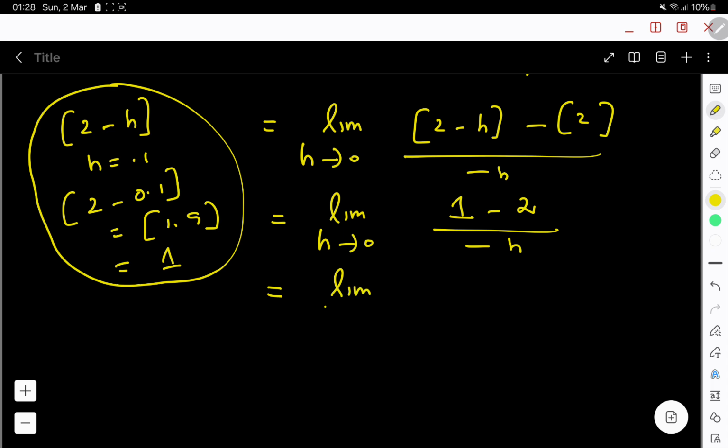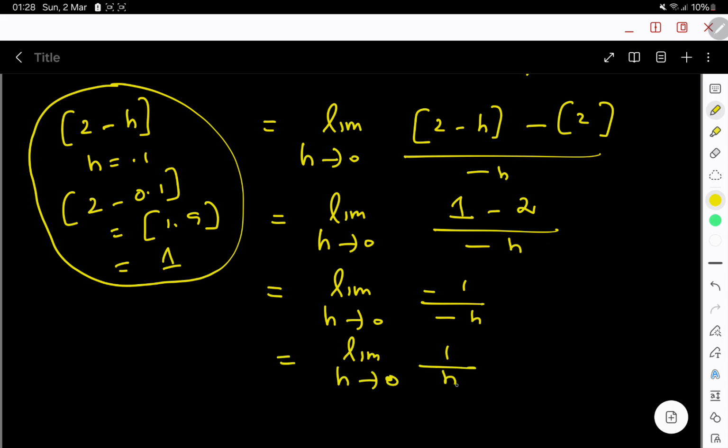So limit h tends to 0, minus 1 by minus h, that is 1 by h, the minus signs cancel. So limit h tends to 0, 1 by h, again we get a huge value, so infinity.